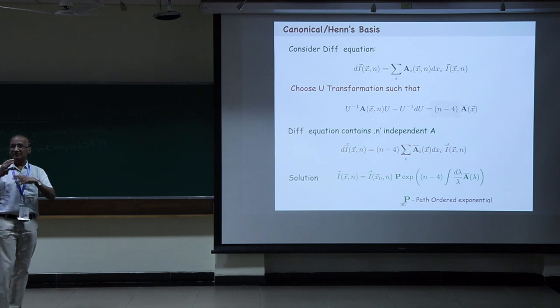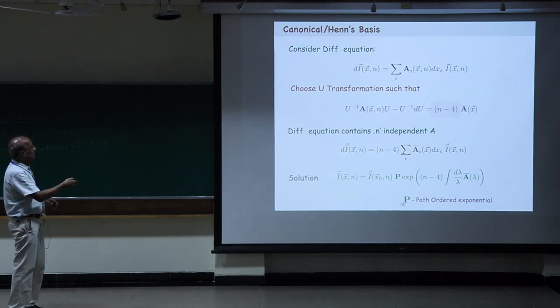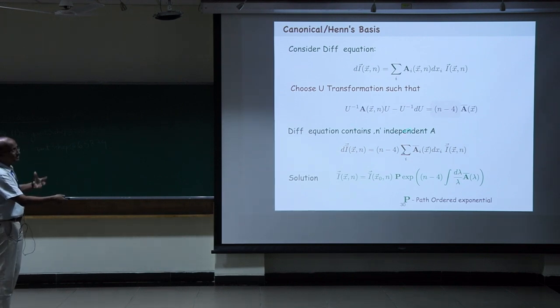And now there are many modern and revolutionary ideas in this business. Okay, there's a work by Henn who basically showed that by making certain gauge transformations on these matrices or these integrals, you can reduce this differential equation to some form called epsilon form, wherein you can actually pull out all the n dependency outside.